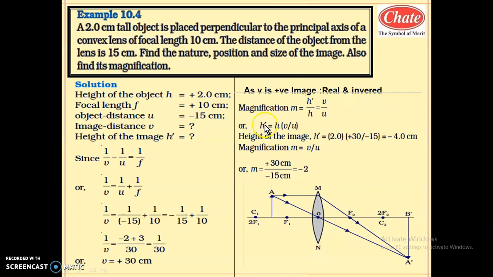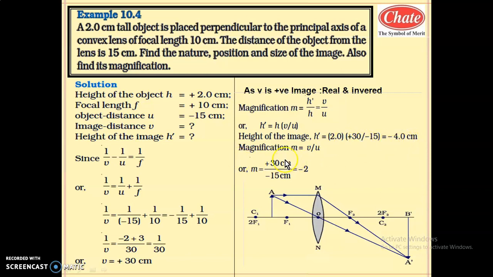Since the height of the object is given, H dash is equal to H into V by U. So height of image H dash is equal to 2 into plus 30 by minus 15. Solving this you will get minus 4 centimeter.